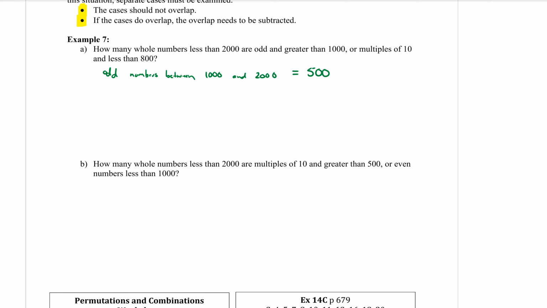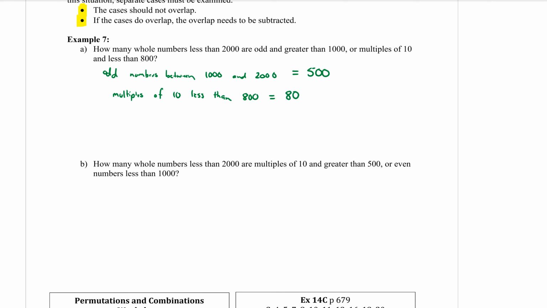The second part of that question said multiples of 10 less than 800. Okay, so let's do that part now. Multiples of 10 less than 800. So just thinking of that scenario, 80, correct. Is there an overlap?